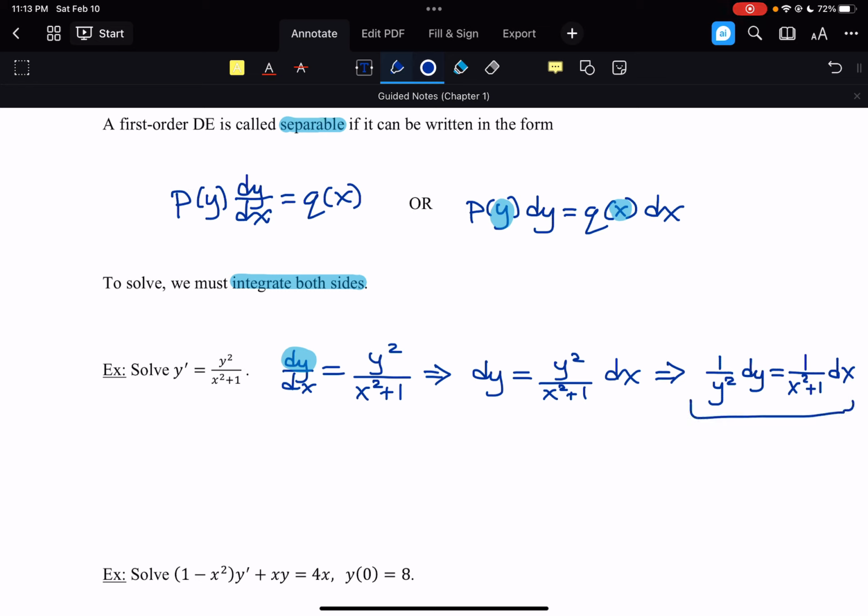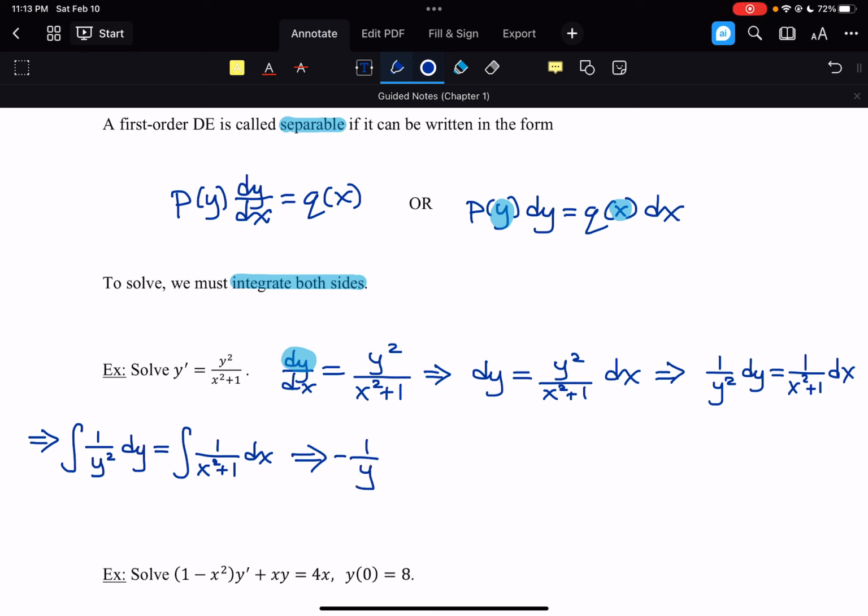And this now has been separated, so we can go ahead and integrate. The integral of 1 over y squared dy equals the integral of 1 over x squared plus 1 dx. The antiderivative of 1 over y squared is negative 1 over y.